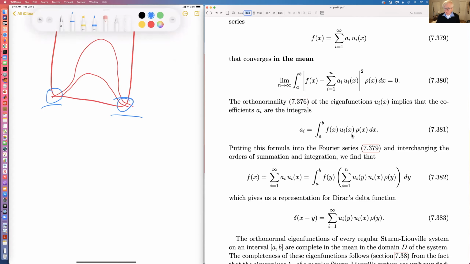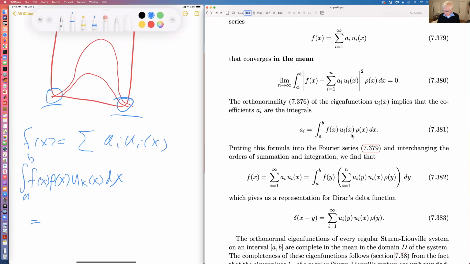Since the eigenfunctions are orthogonal, if we're saying that f of x is the sum of a_i u_i of x, then the integral of f of x rho of x u_k of x dx over the interval is going to be a sum of a_i times the integral of u_i of x rho of x u_k of x dx, which is a sum of a_i delta_ik, which gives us a_k.